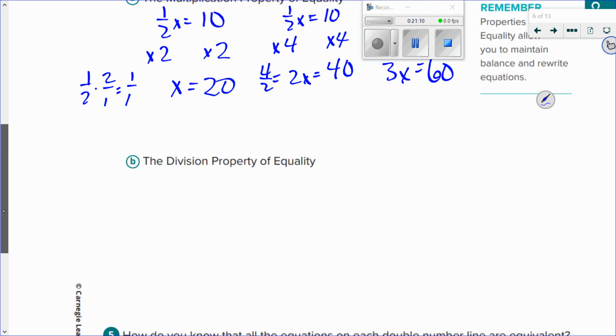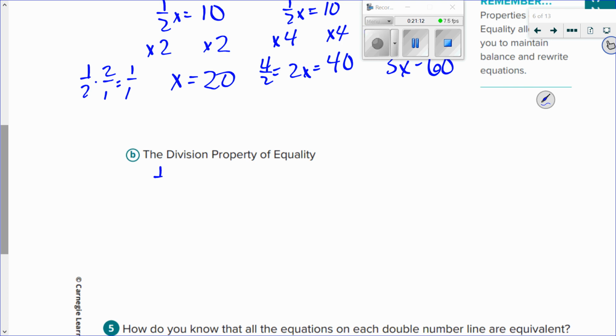The other side, now I needed to divide, and here's where it gets a little trickier as far as the math goes, because now I have 1/2 x is 10, but if I divide this by 2, I now have 1/2 divided by 2. How do we divide fractions? Or whole numbers in this case? Jax?